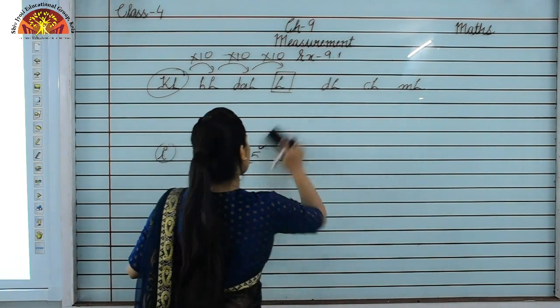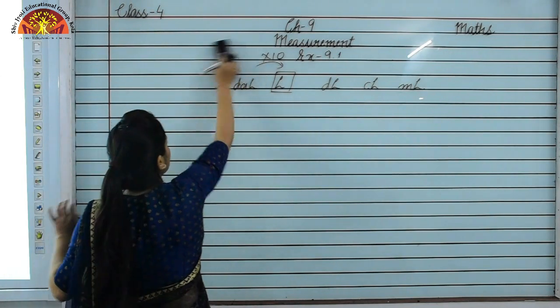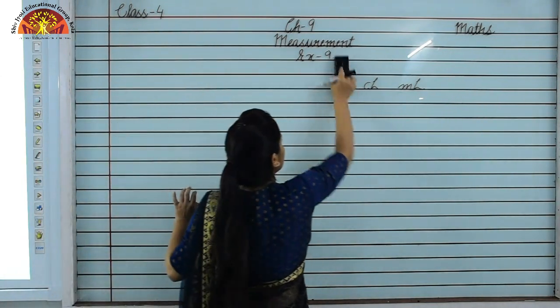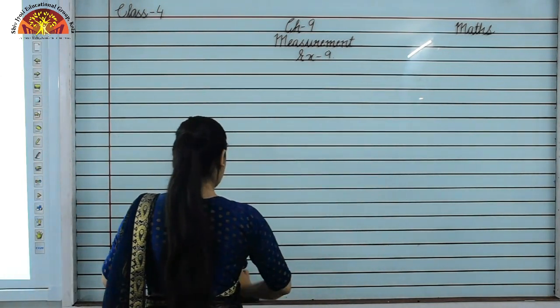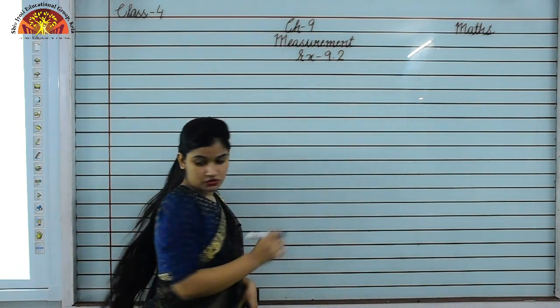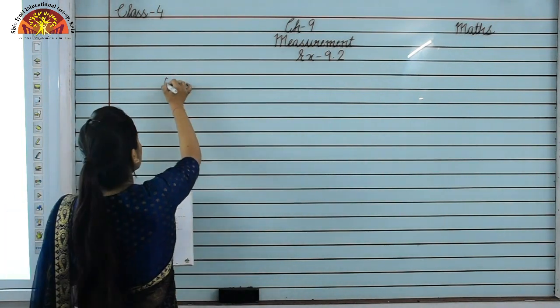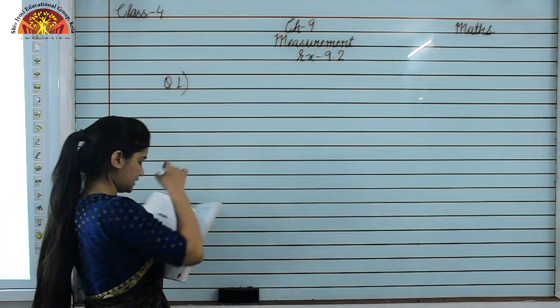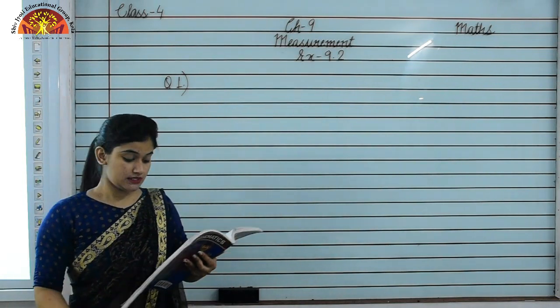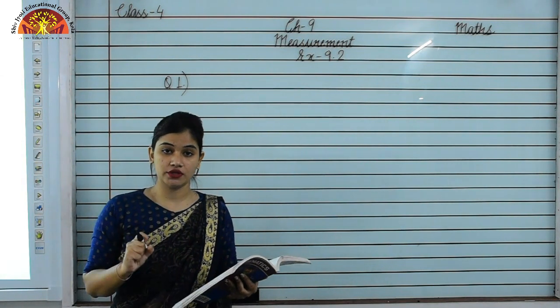In exercise 9.2, now we will see addition, subtraction. So students, open page number 125 in your book. Question number 1 is add the lengths. It means we have to add them. And the units are given of length.